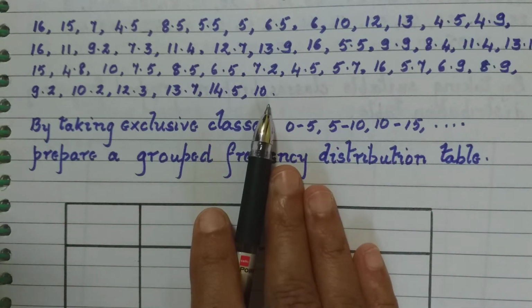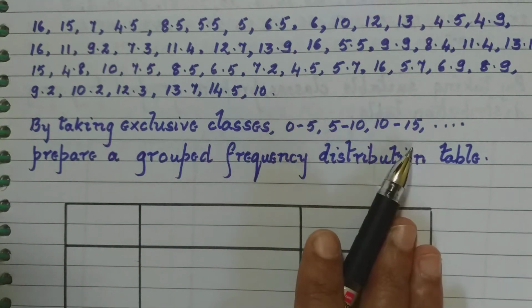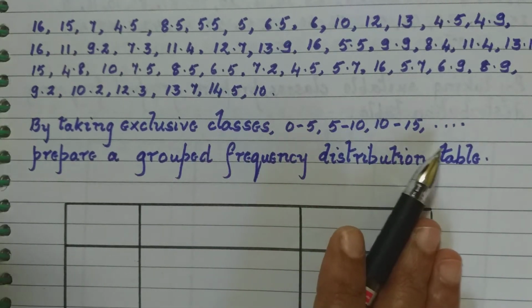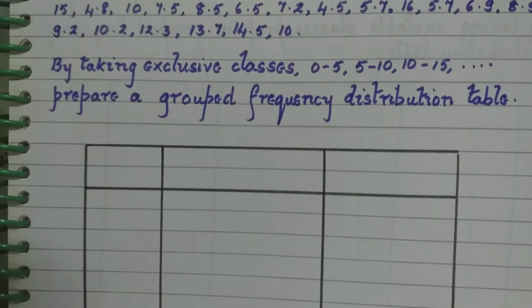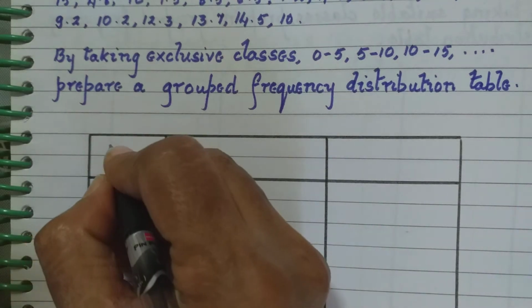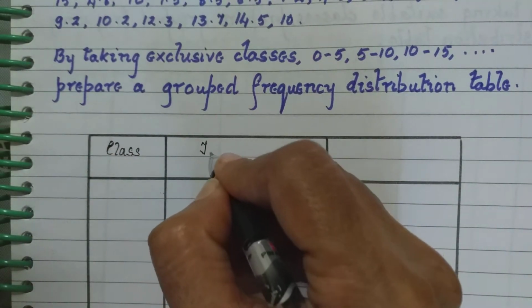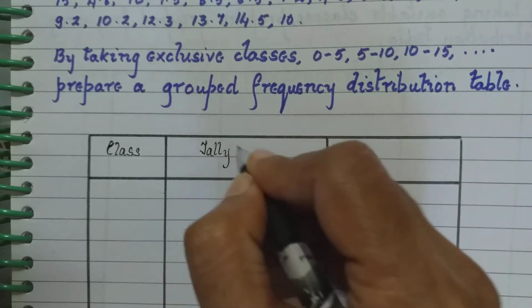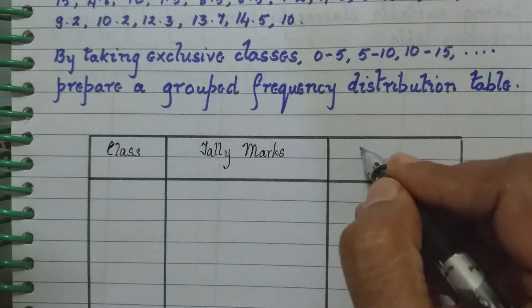So what we do is we have to just take 4 classes, 0 to 5, 5 to 10, 10 to 15, and the last class will be 15 to 20. So when I have here, I will write class, tally marks, frequency.